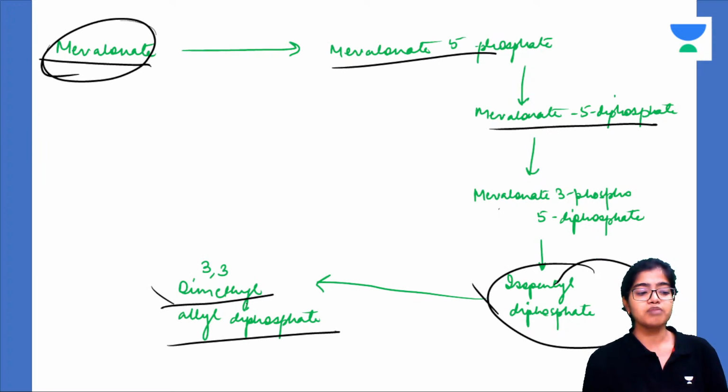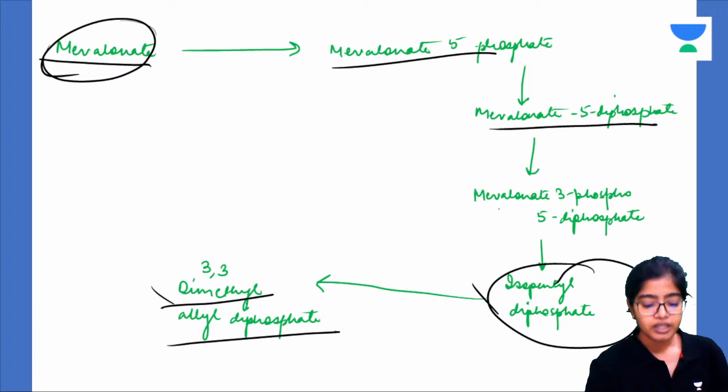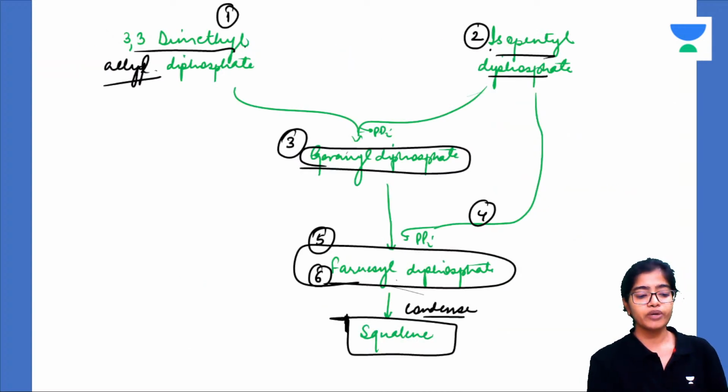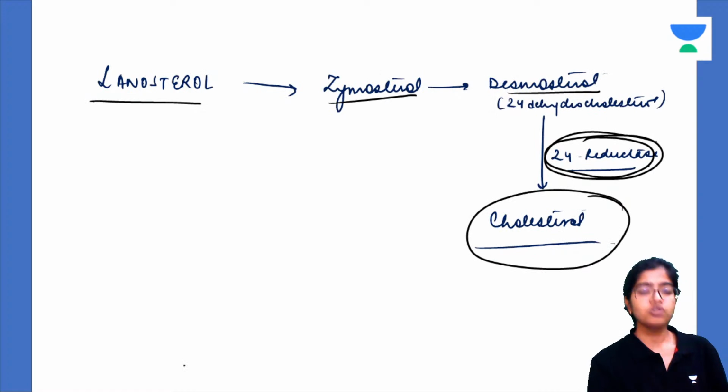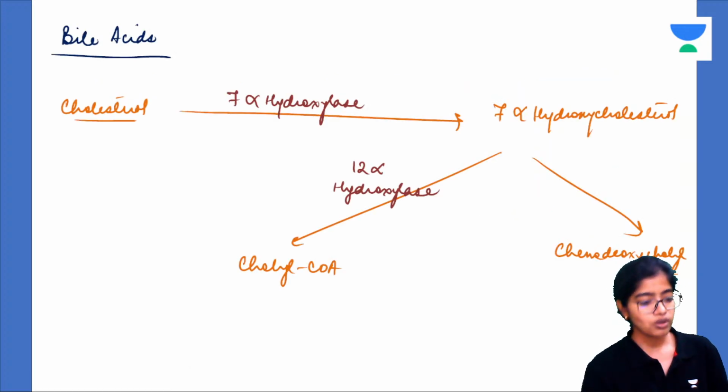The second step is mevalonate will form isoprenoid units. 6 isoprenoid units will condense into squalene. Squalene will cyclize into lanosterol. Lanosterol will convert into cholesterol through intermediates like zymosterol and desmosterol.